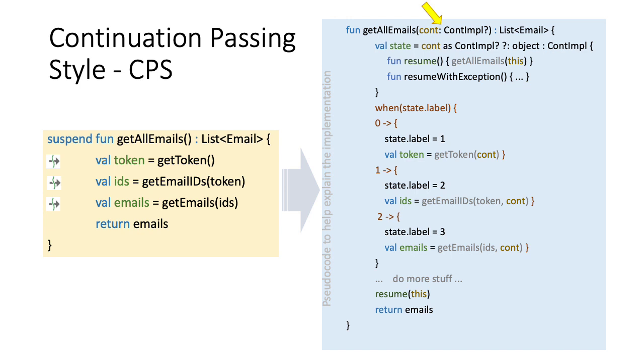The compiler injects the continuation object as a parameter in your suspend function. It creates a continuation object if the passed object is null. Notice the recursive call to getEmails from the resume of the continuation.